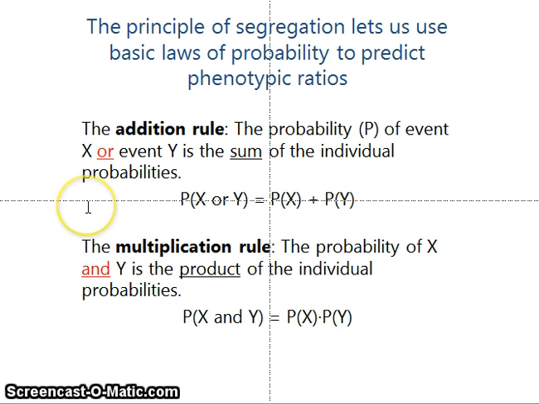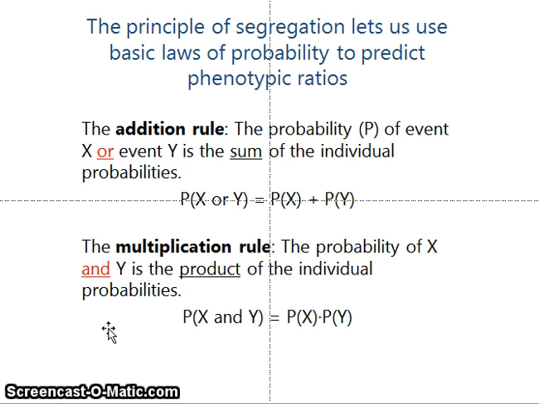If we wanted to understand the probability of two events happening simultaneously, then we multiply their individual probabilities. To reword that, the probability of X happening and Y happening is the product of their individual probabilities.